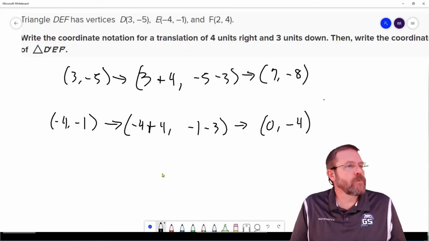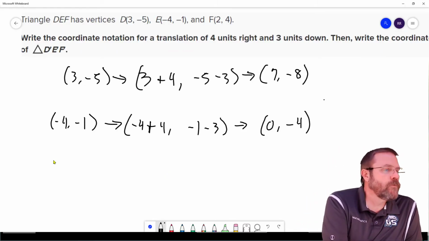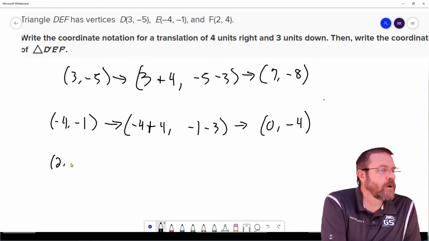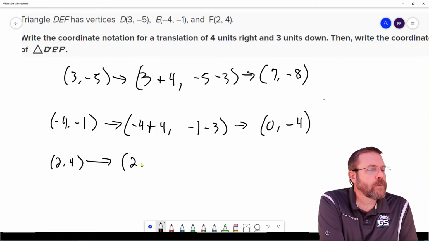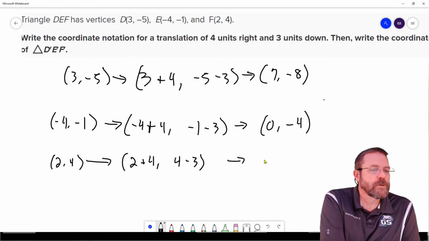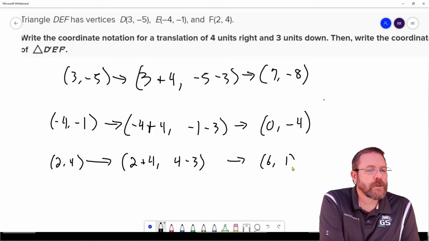And then our last one, we start at point F. So I'm going to start at 2, comma, 4. That's going to go to 2 plus 4 for my x term, and then 4 minus 3 for my y term, which means 2 plus 4 is going to be 6, and 4 minus 3 is going to be 1.